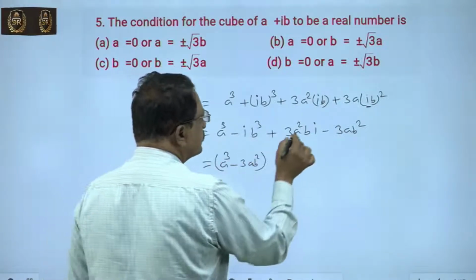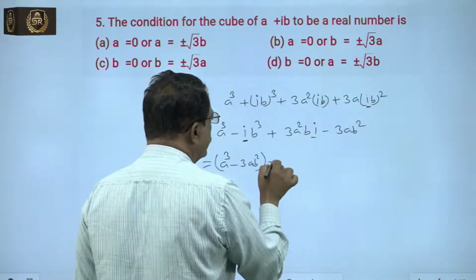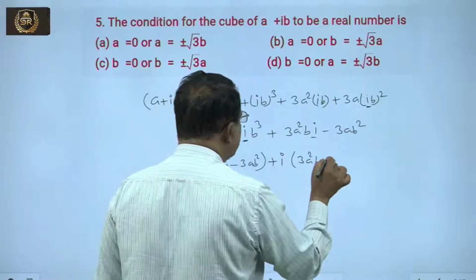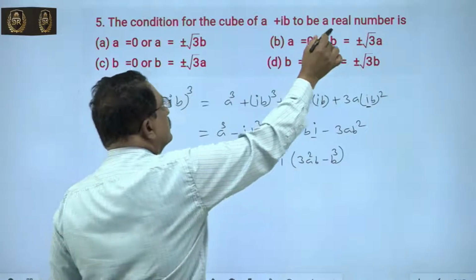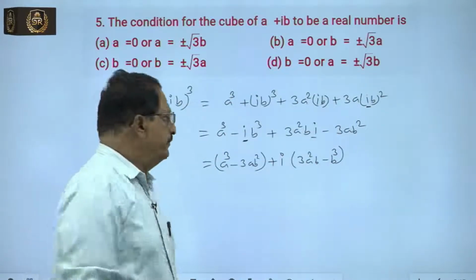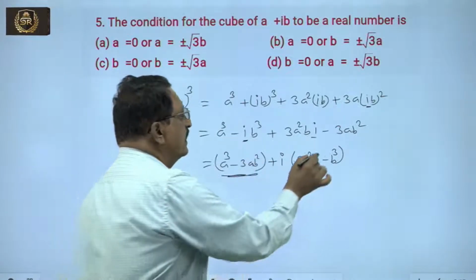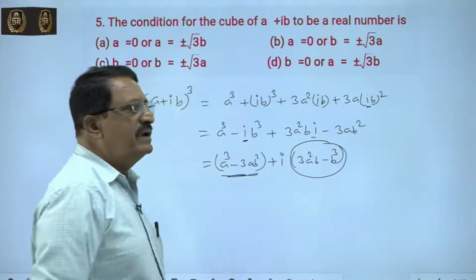In the remaining terms, taking minus i common, in these two terms i common, we get i of (3a square b minus b cube). But the problem says it is a real number, then the imaginary part equals 0. Here the real part is a cube minus 3a b square and the imaginary part is 3a square b minus b cube.